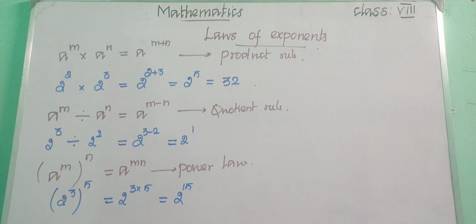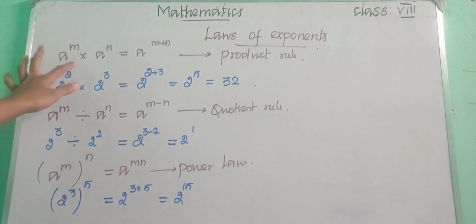Okay, what is the first rule we have learned? It is product rule. Product rule means a power m into a power n equals a power m plus n. And the second rule is quotient rule. Quotient rule means there is divide symbol, so a power m divided by a power n equals a power m minus n.